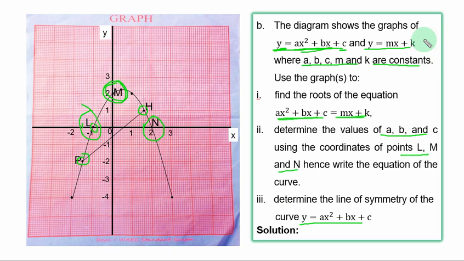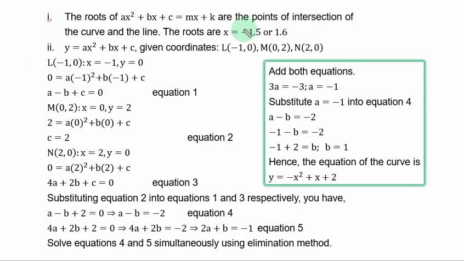Solution continues. I've already explained the answer you ought to have. So I have already answered Roman figure 1 of the question. The solution occurs at the points of intersection of the curve and the line, and you have s equal to -1.5 or 1.6.